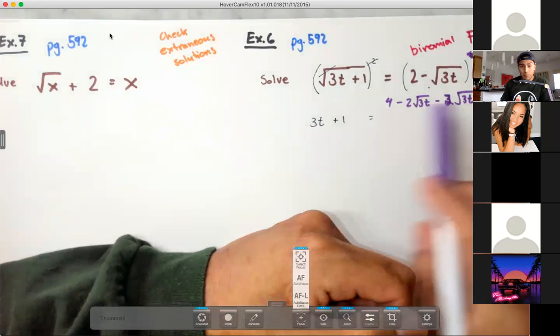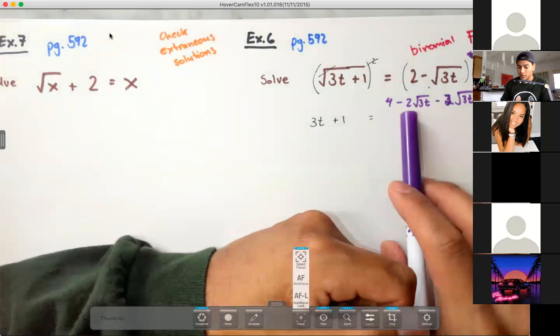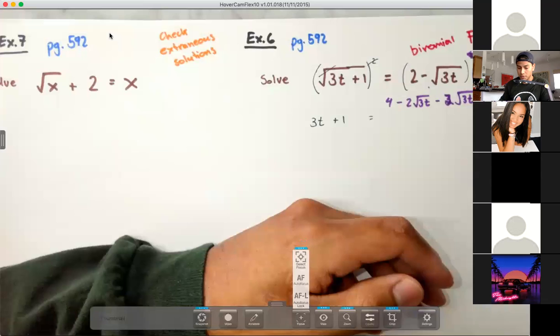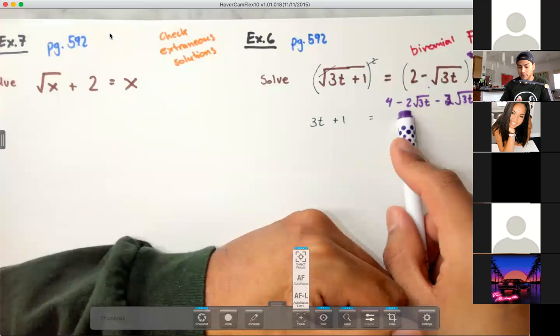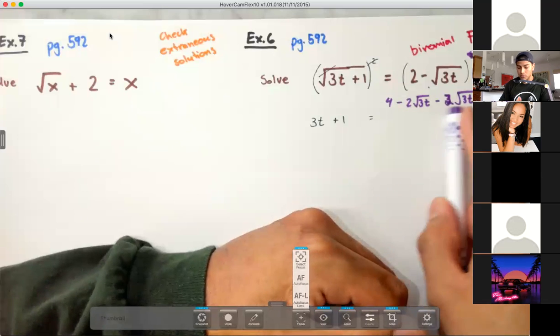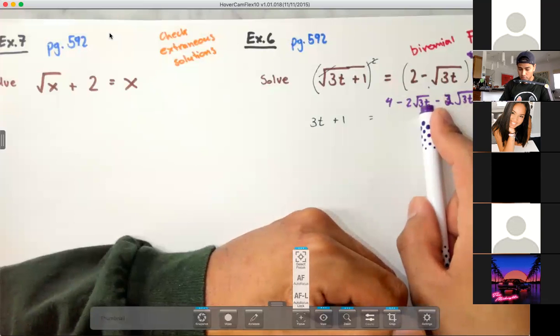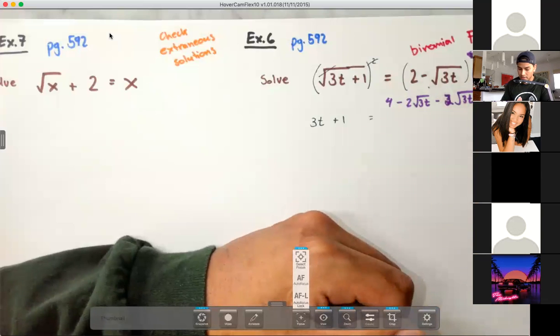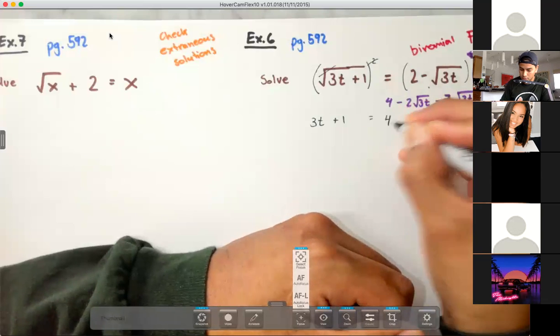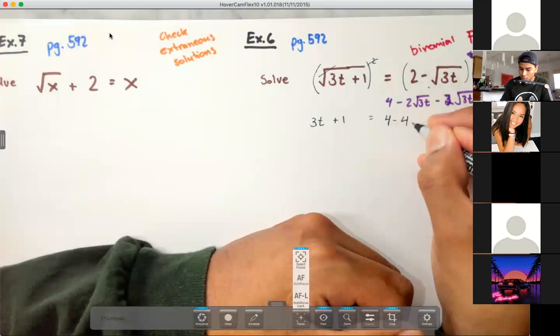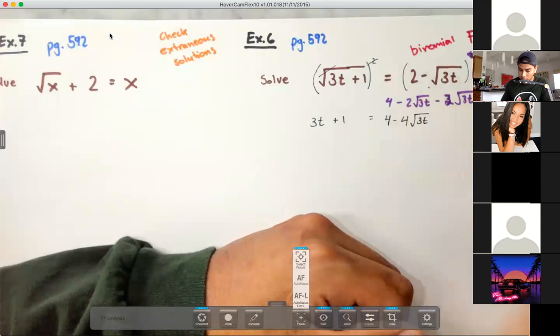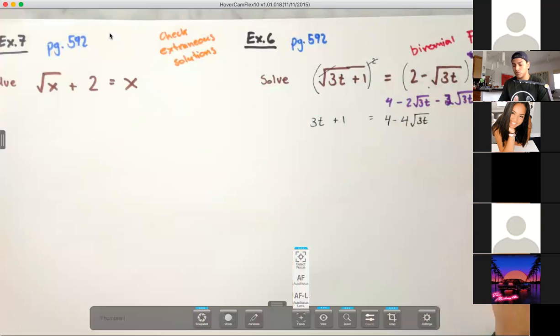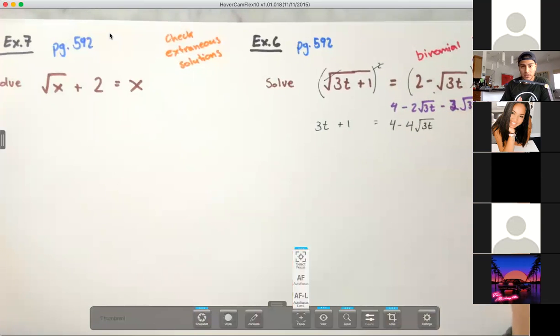Now, we can simplify this by combining like terms. You have this minus 2 square root of 3t and the other minus 2 square root of 3t, so you can combine those two. So we still have 4 minus 4 square root of 3t, now plus the square root of 9t squared. Basically, you can take the square root of the value inside here.